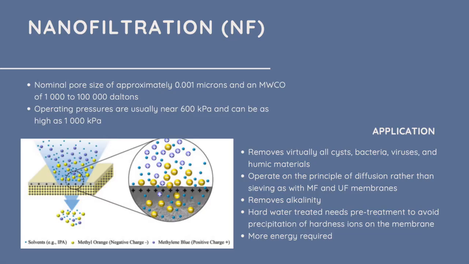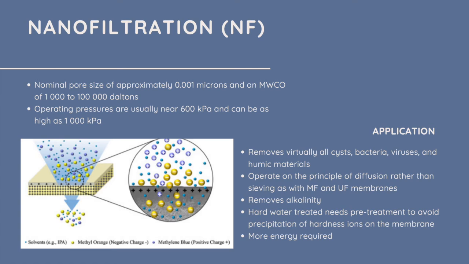The third process is nanofiltration. Nanofiltration basically has a nominal pore size of approximately 0.001 microns and an MWCO of 1000 to 100,000 daltons. The operating pressure is usually near 600 kilopascal and can be as high as 1000 kilopascal. The application of the nanofiltration membrane is to remove virtually all cysts, bacteria, viruses, and humic materials.